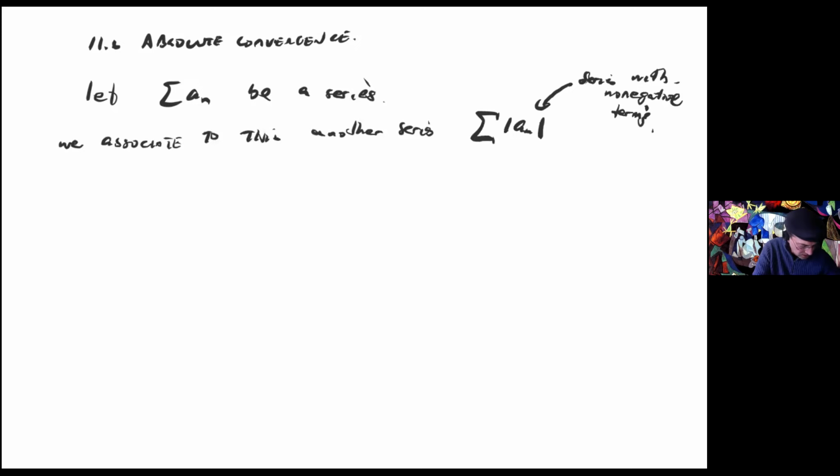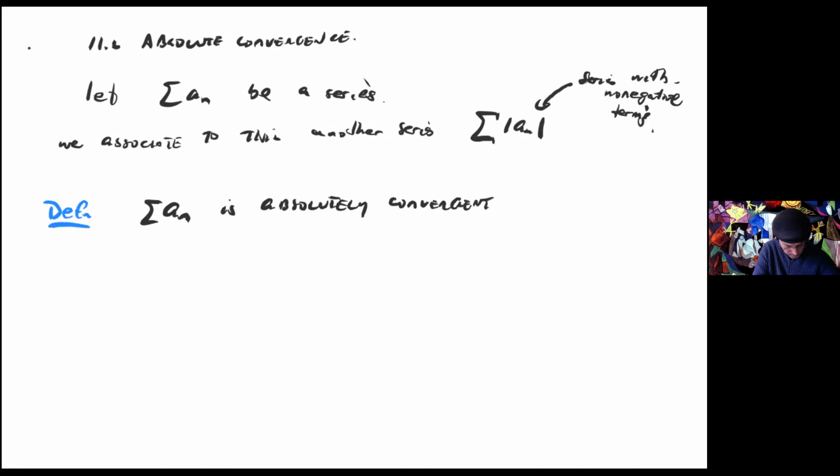Okay, and we make a definition. We'll say that the original series, sigma a sub n, is absolutely convergent if the associated series of absolute values is convergent.